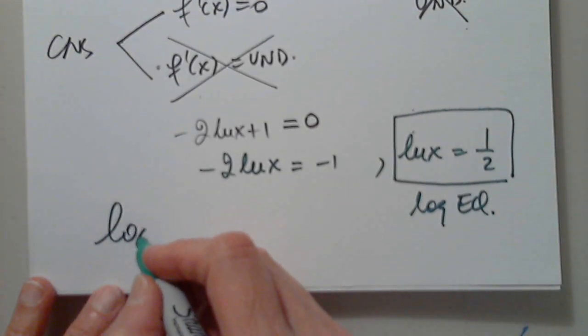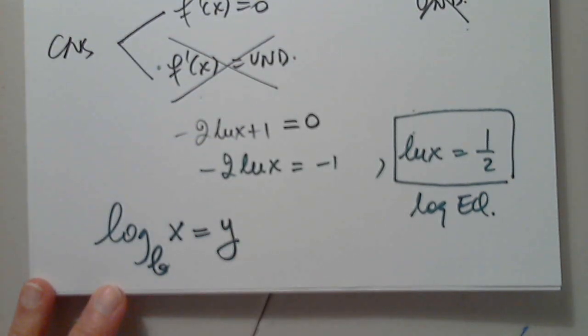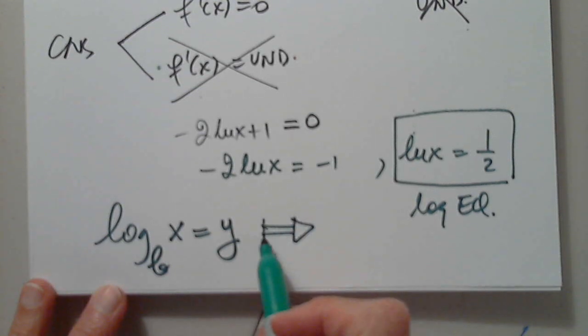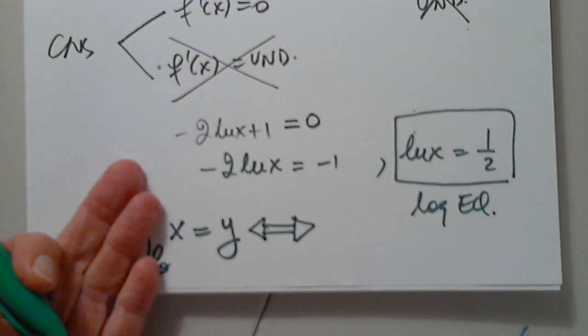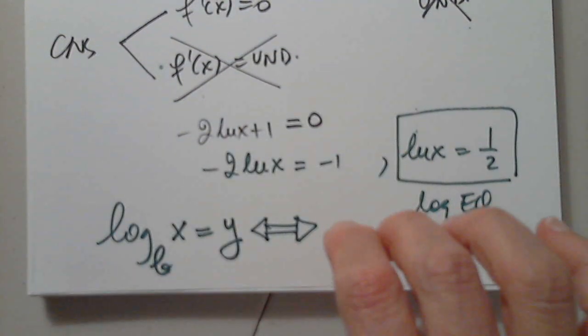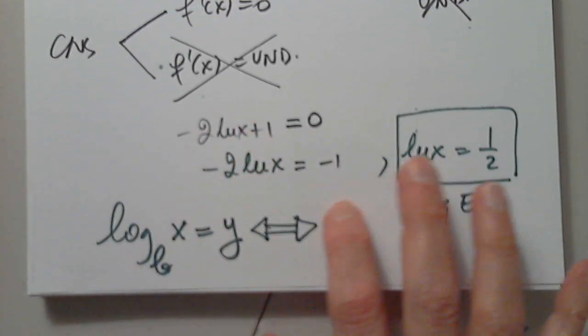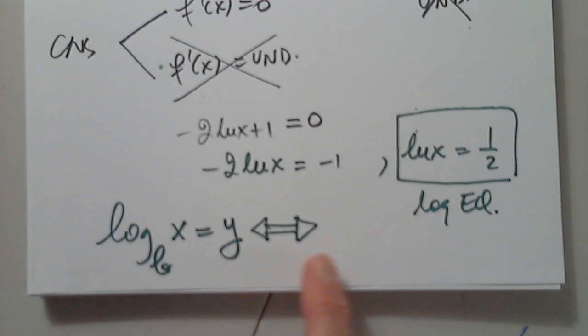And we know that log base b of x equals y is equivalent, a double equivalency. The log equation changes into an exponential, the exponential changes into a log. What do I write here? This log equation is equivalent to an exponential equation. Which one? Once I have this equation, I can solve. Careful. We start with the base.